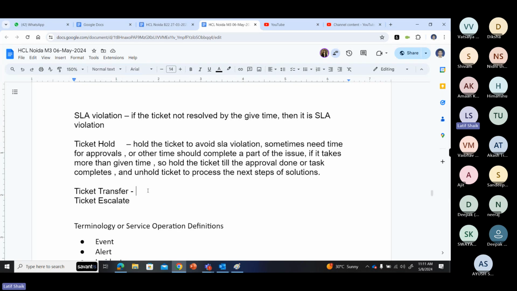Generally, why we should hold the ticket: it is not your part. Someone else's part, maybe your manager or a specific team member, has to be completed. You already told them, this is the ticket, please look into it, this is the part you have to complete, then I will do the remaining part.